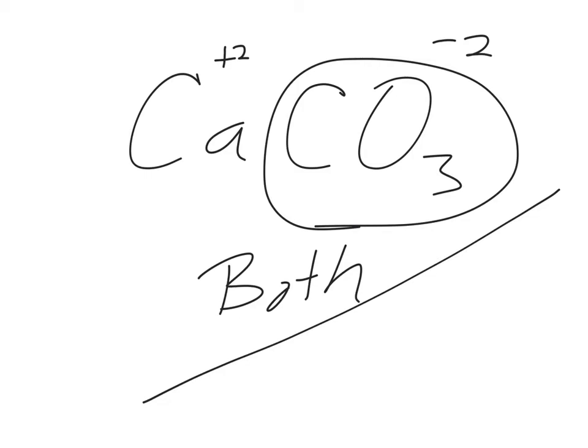Let me give you something mixed up. What kind of bond is this? Na and I. What kind of bond is that? Na is what type of element? Is it a metal or a non-metal?